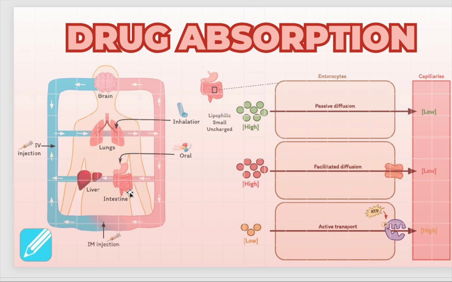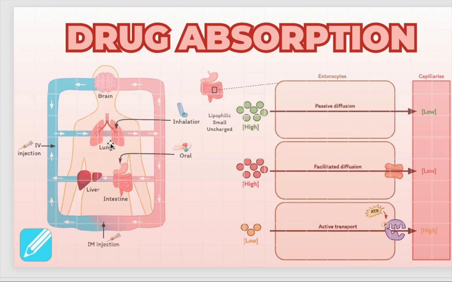Water is absorbed in the large intestine. We discussed all this in the last class as well. So once it goes there, after the stomach it goes to the liver and then to the systemic route. And in the case of inhalation, once we inhale the medicine, it goes to the lungs.